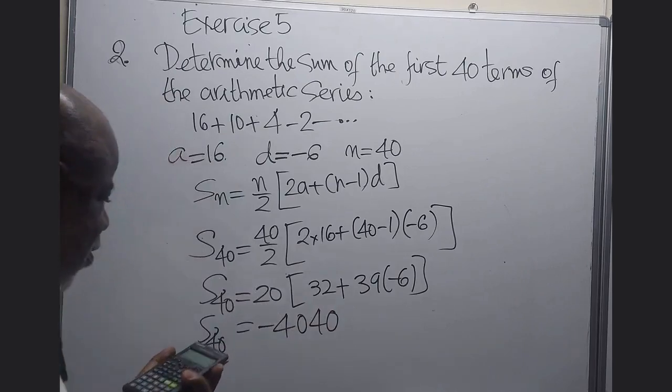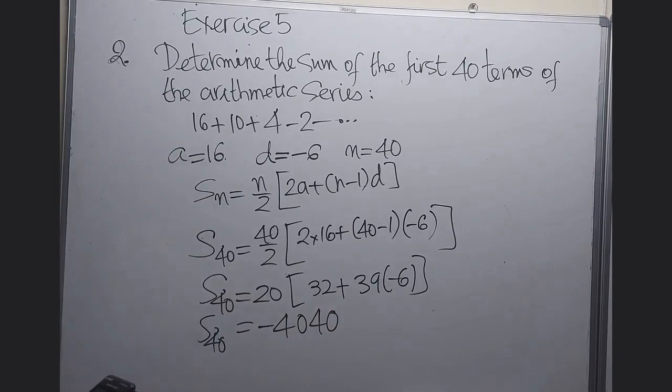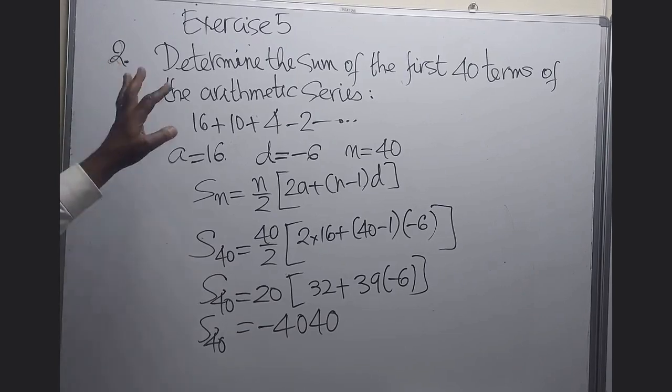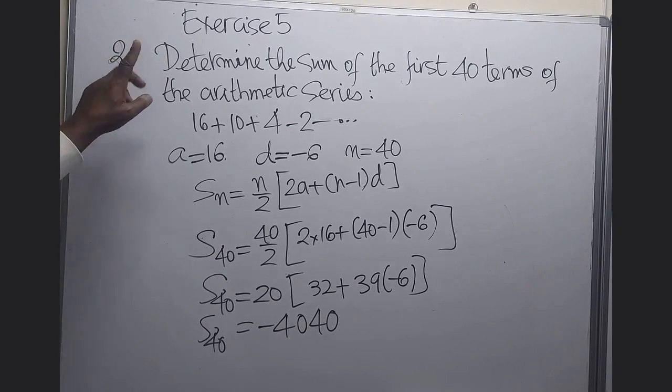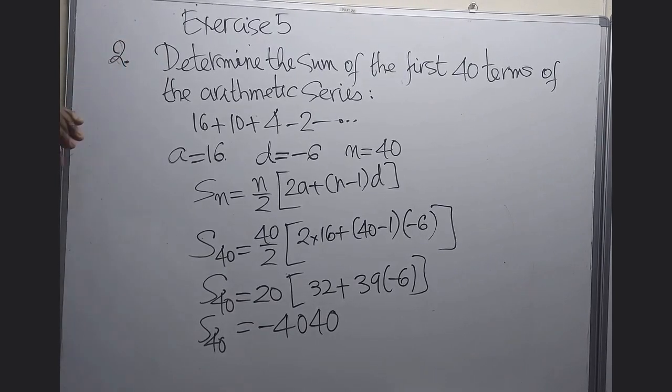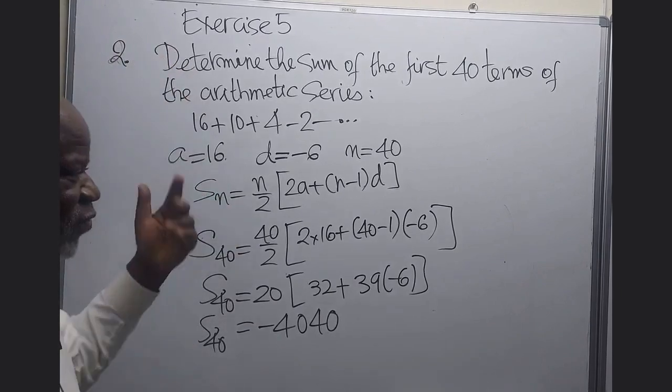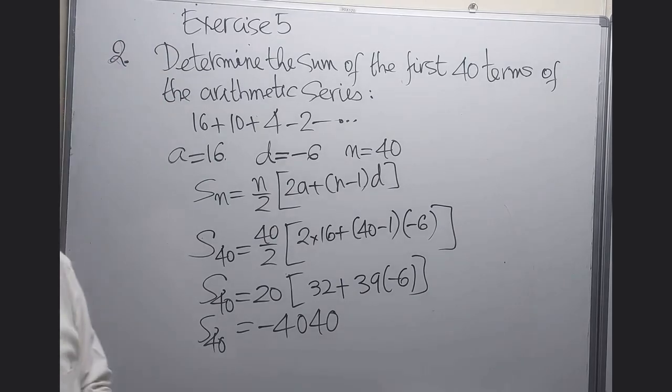That is the sum of our series. Negative 4040. So this was exercise 5 number 2. We're going to go to the next one. I'm going to clean the board so that we'll go to the next one.